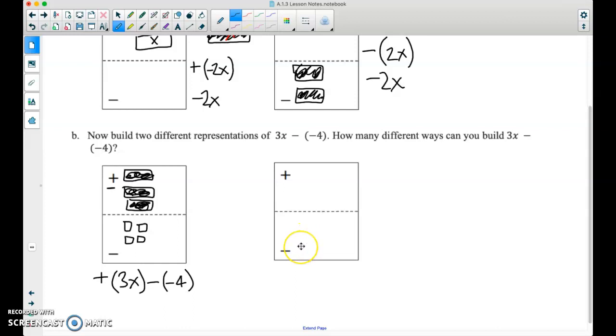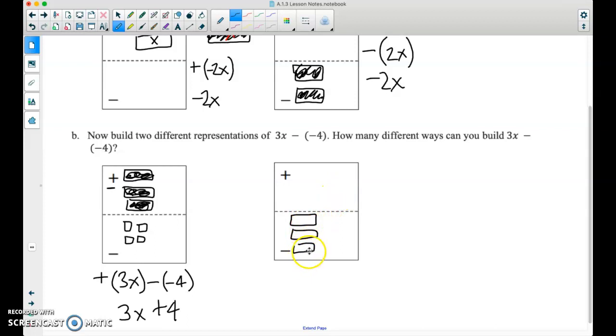If we try to do something a little bit different here, to where we have a different representation of this expression up here. First of all, if we were to simplify this one over here, I think we would be left with 3x plus 4. So we got to figure out how we can express this one other way. So one other way that I think we could do this is if we flipped both sets of tiles, both colors and location.